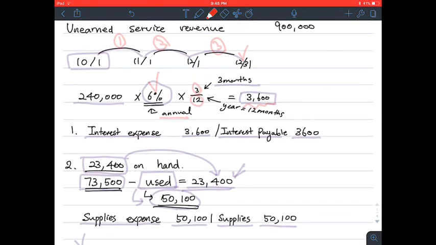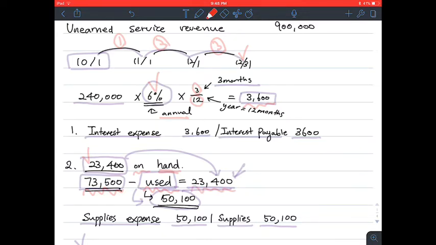Okay, by calculating how much supplies are on hand, it says 23,400 of supplies are on hand. Okay, so the calculation equation is like this. There were 73,500 of supplies, minus the used amount, will be supplies on hand.